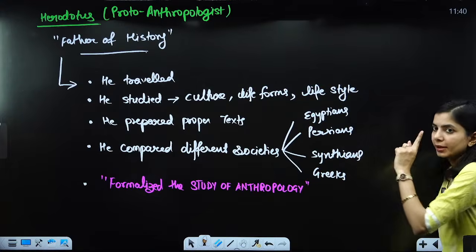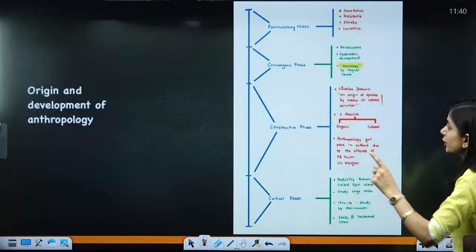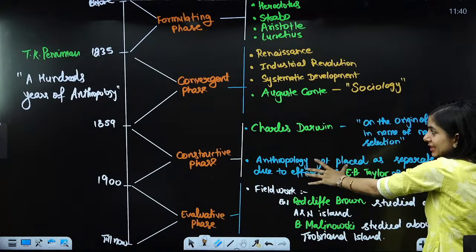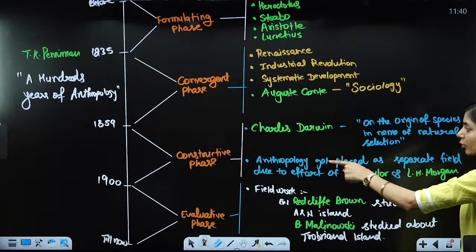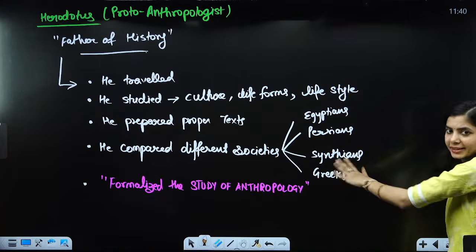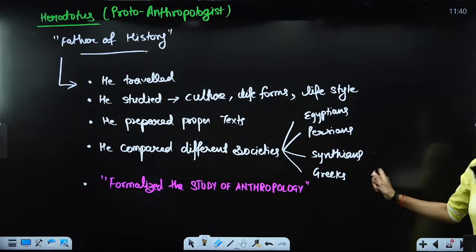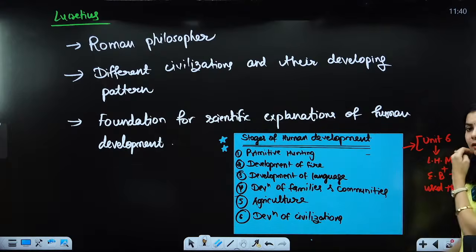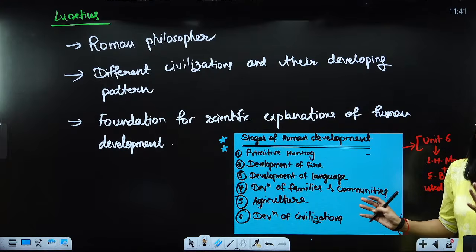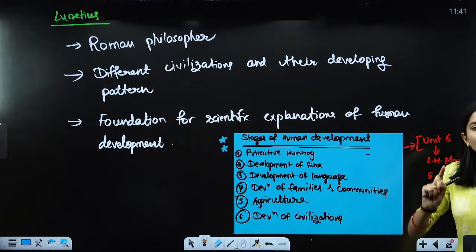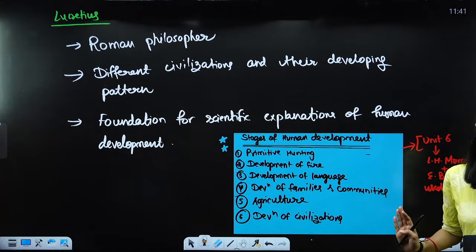Okay, so the topic was origin and development of anthropology. For this topic, we prepared this. For this part, as I told you, I will be providing you dictation, and I asked you to write it down. Hanji, done with this part? Herodotus, Strabo, Lucretius. I will also provide this PPT. The first PPT and this PPT I will combine and provide as one PPT for unit 1.1.